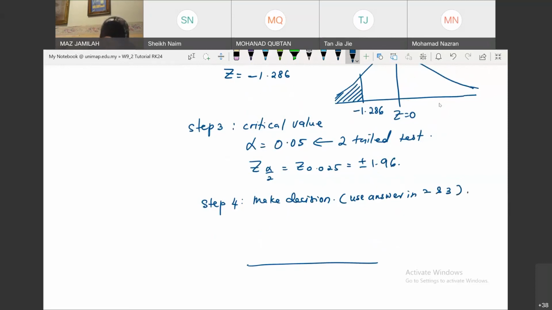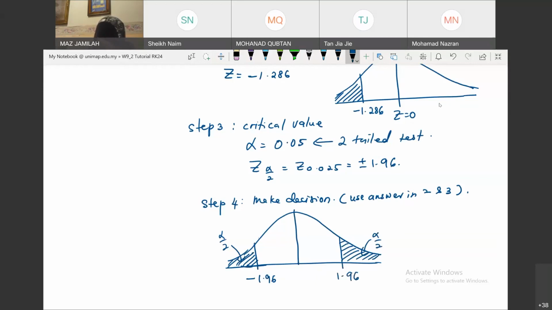My critical value for Z alpha over 2 is plus minus 1.96. Let's say negative 1.96 is over here. This is the area where the alpha over 2 belongs, and this is the other area for alpha over 2, given by 1.96.